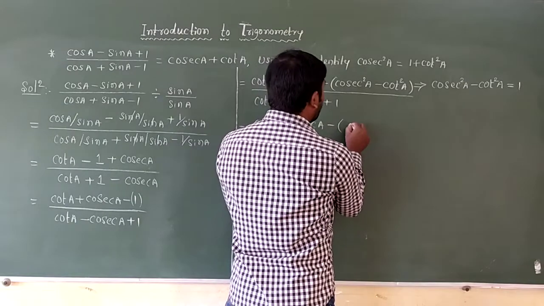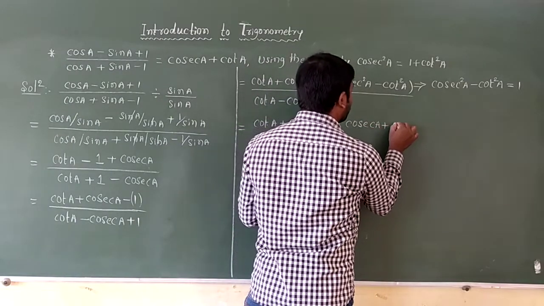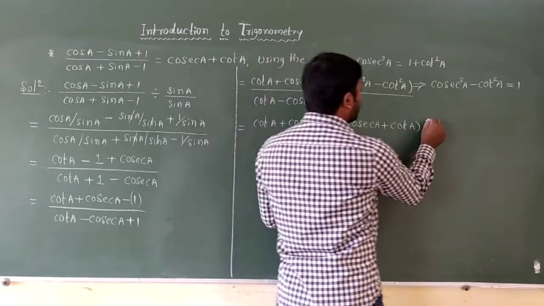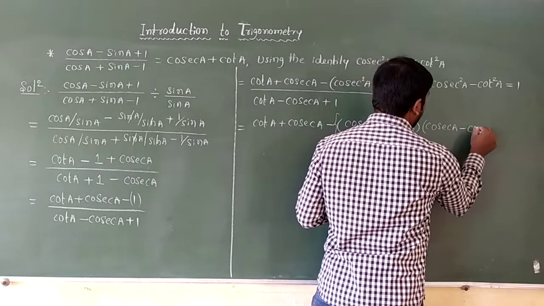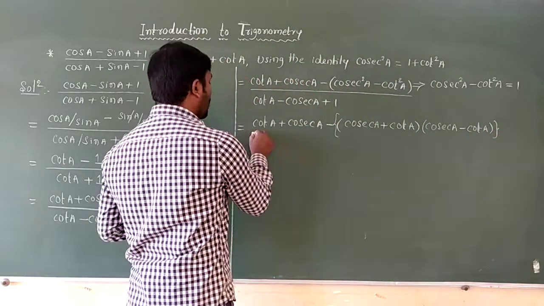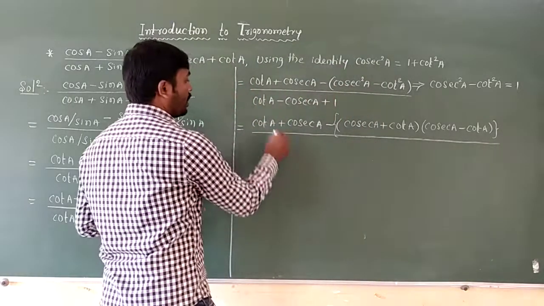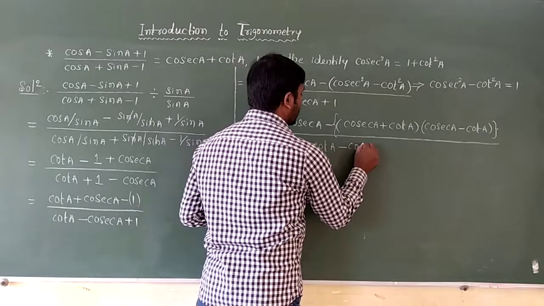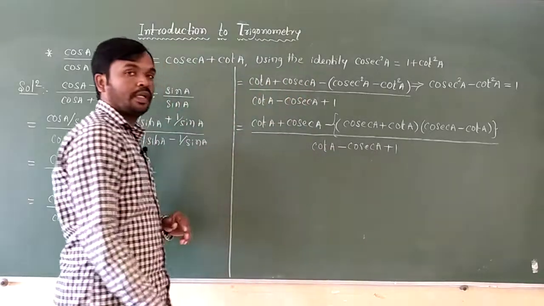We will write that, that is, (cosec A plus cot A) into (cosec A minus cot A), whole divided by cot A minus cosec A plus 1.